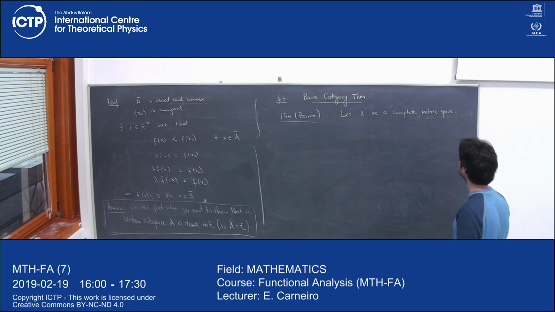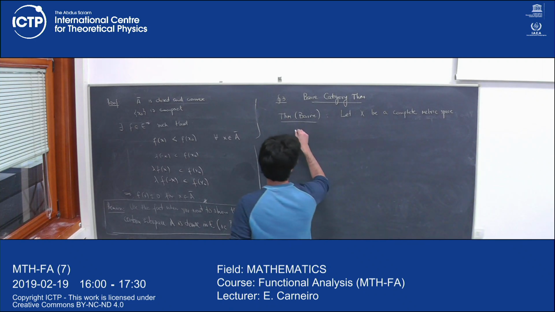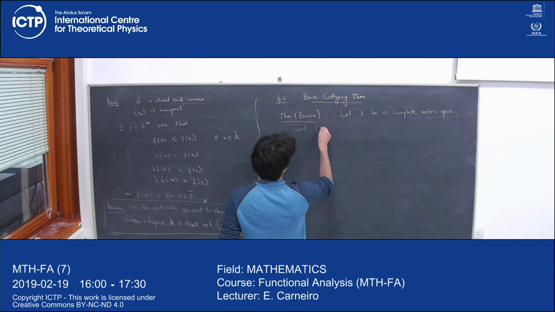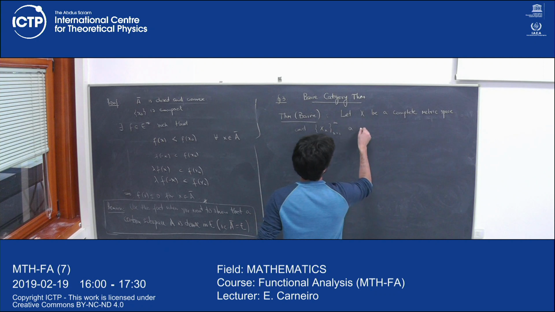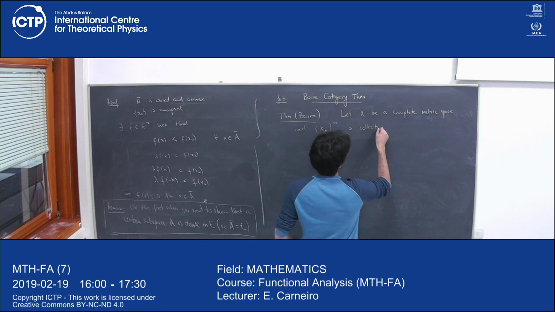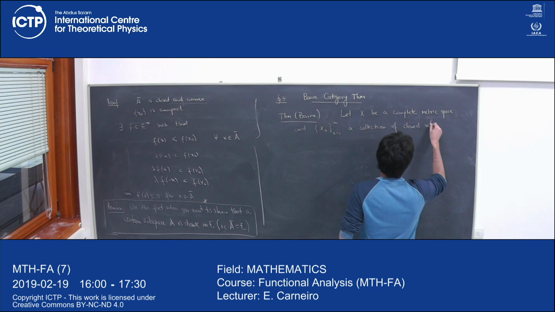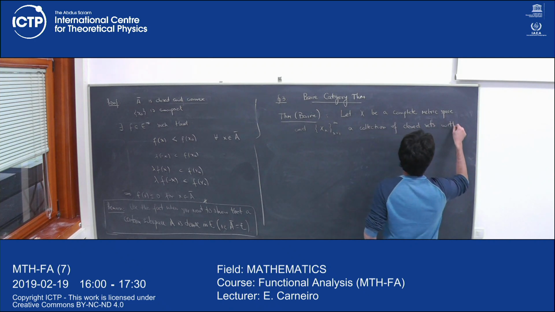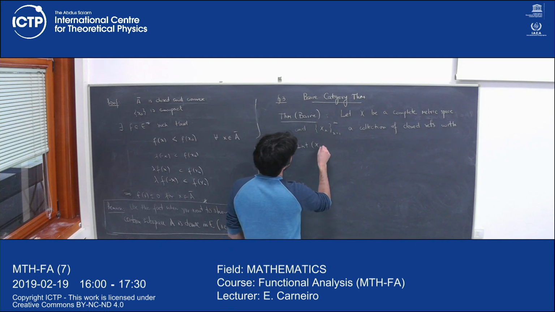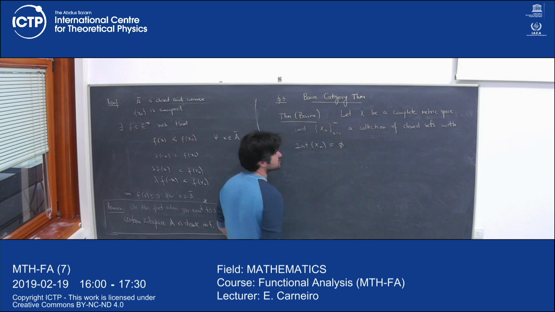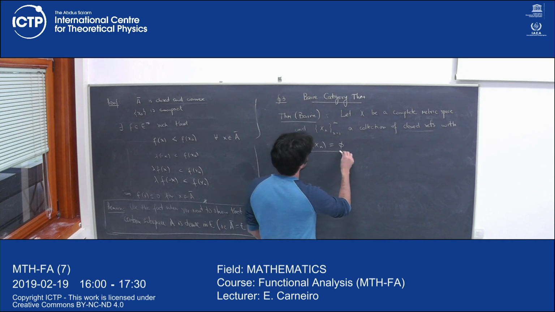So let X be a complete metric space, and say X_n, n from 1 to infinity, a collection of closed sets with empty interior. So with the interior of X_n equal to the empty set.